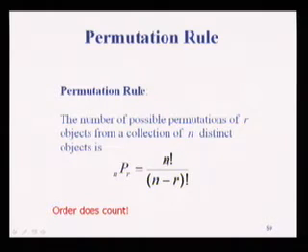This formula is defined as the total number of distinct objects, n factorial, divided by n, the number of distinct objects, minus r, the number of objects you're selecting, factorial. Here n is 26 for that alphabet problem, and r is 4.